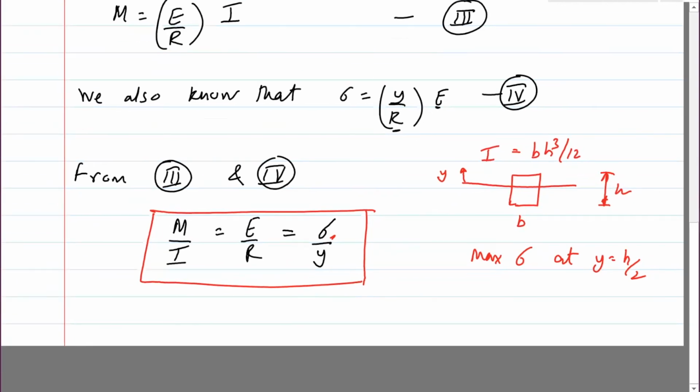So if you want to find max sigma, all you do is take this expression and plug in the value of y, where y is h divided by 2, and that will give you the maximum stress. So that stress is going to be compressive on one face, and tensile on the other face, depending on how the M is applied.